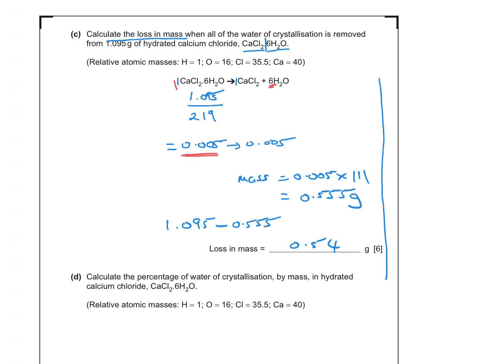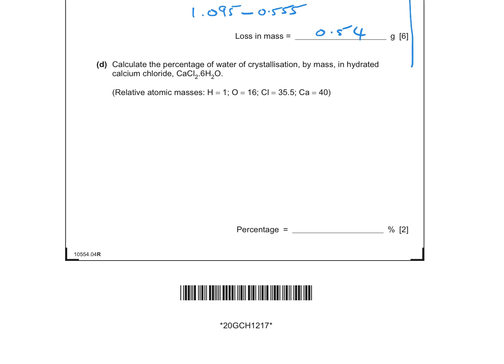Therefore, the moles of water will be 0.03. And then we can convert that to a mass. The mass equals 0.03 times the RFM of water, which is 18. And that also gives us 0.54 grams.